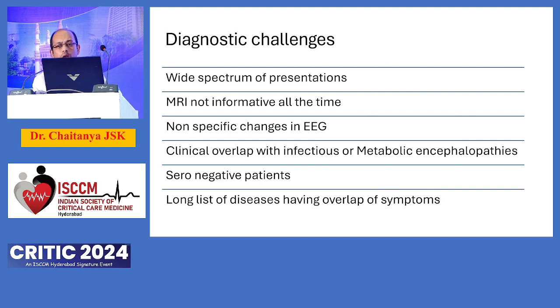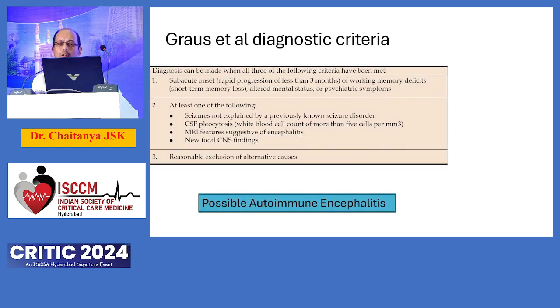So in 2016, Graus et al. came up with a simplified algorithm where you can easily identify these groups so we are not misdiagnosing them. It's predominantly these three; when you meet all three, there is a chance that this is a possible autoimmune encephalitis. First, a subacute onset presentation with altered mental status or psychiatric symptoms or cognitive decline; this is the clinical syndrome we are looking at.